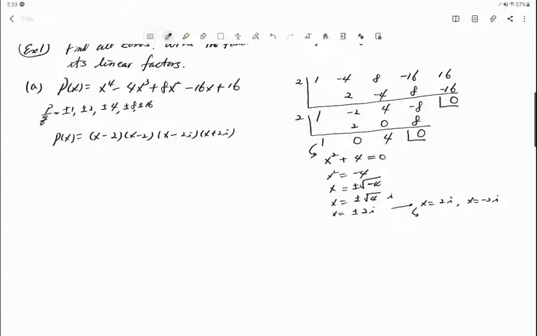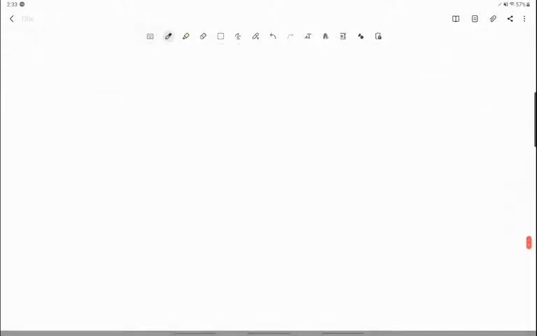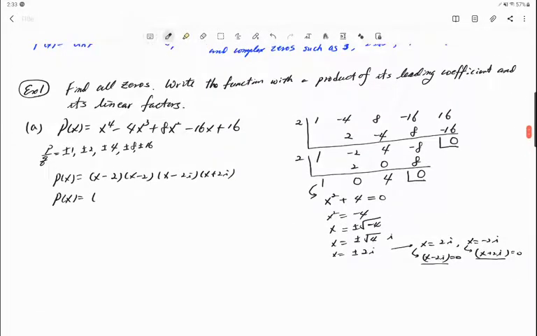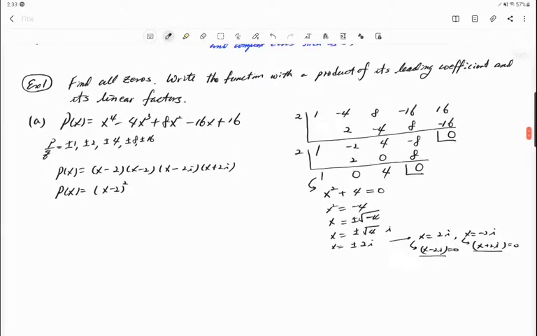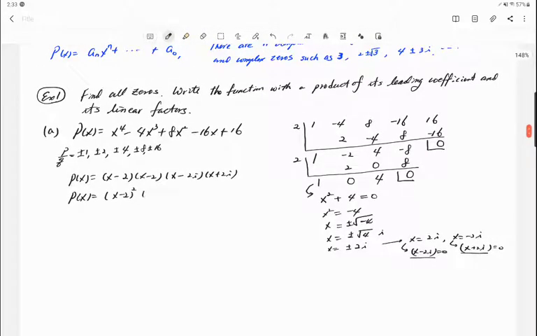That one gives you x minus 2i equals 0, and this gives you x plus 2i equals 0. So this is a factor, another factor. Finally, P of x can be written as x minus 2 squared, there are 2 of them, so the multiplicity is 2, and then x minus 2i, x plus 2i.